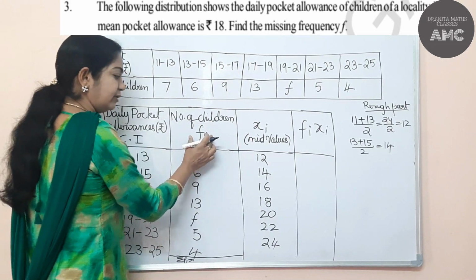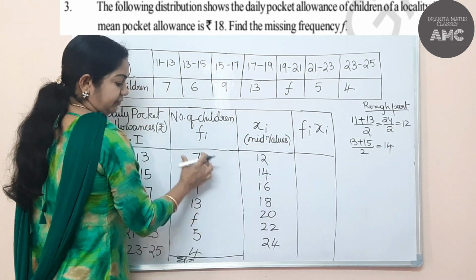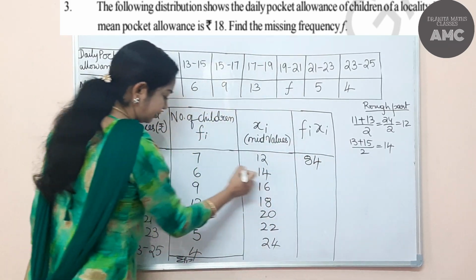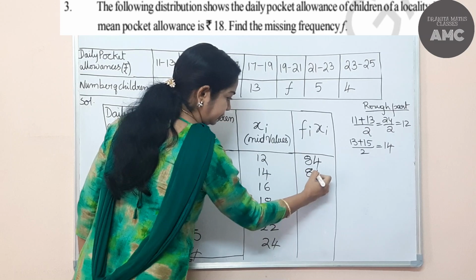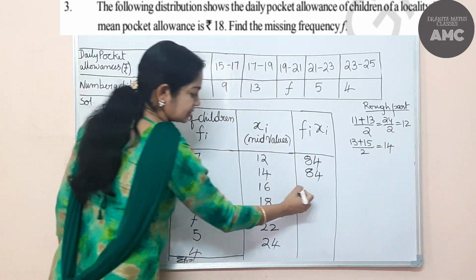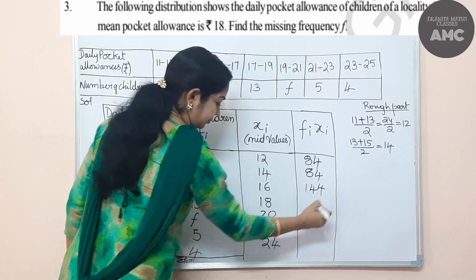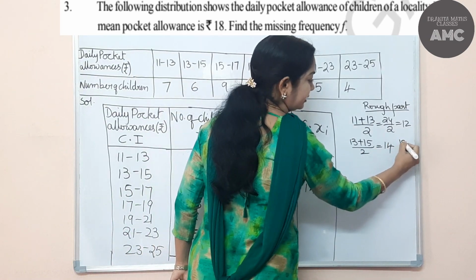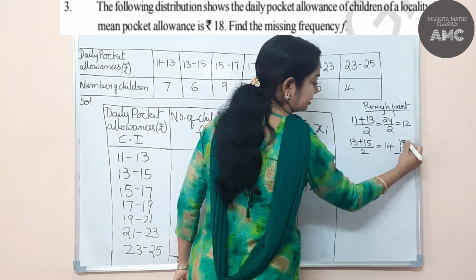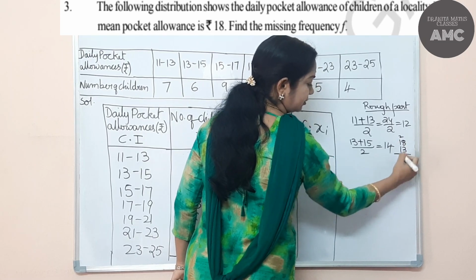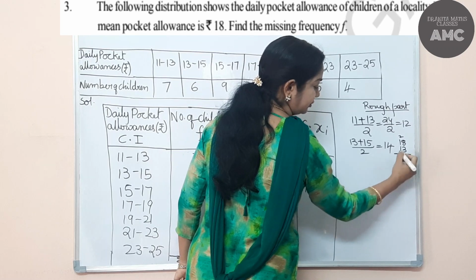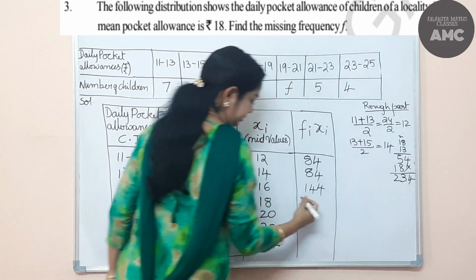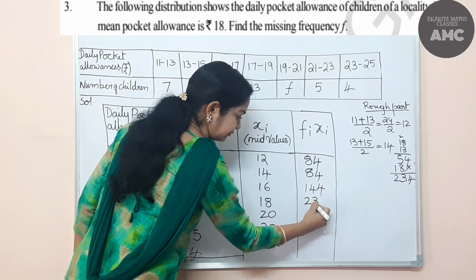And multiply the mid value with the concerned frequencies. 7 into 12 is 84. 14 into 6 again 84. And 16 into 9 is 144. Okay. And 18 into 13, we will do it here. 18 into 13 is 234.